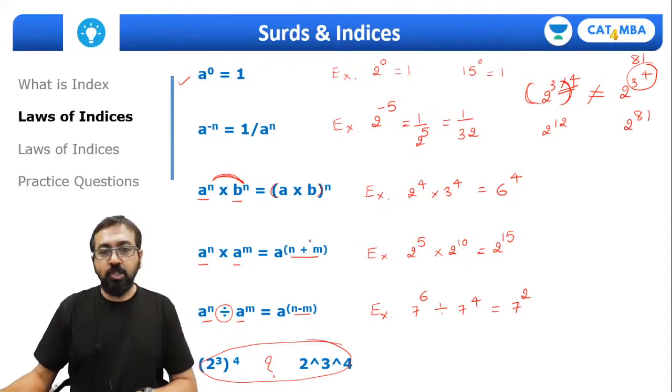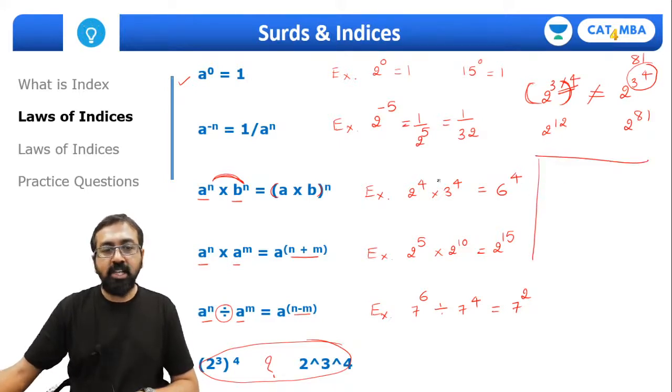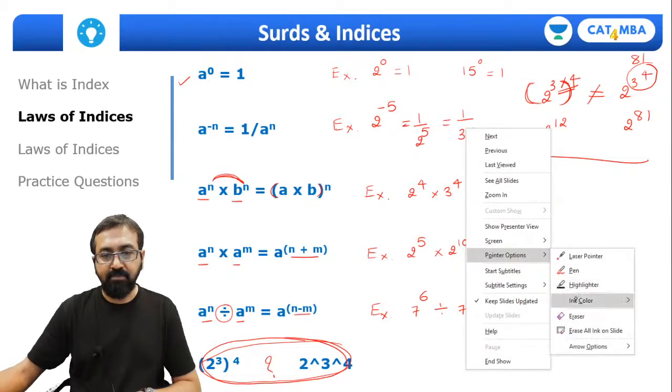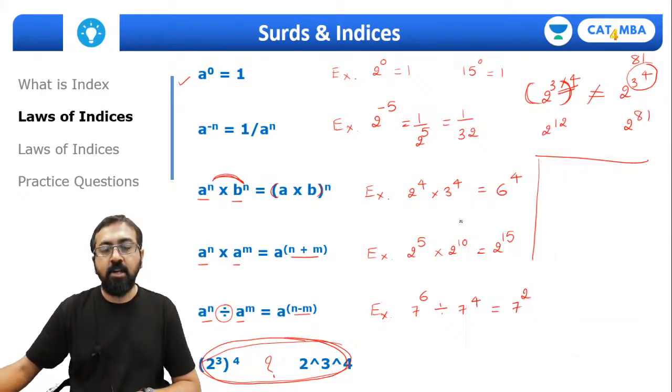Right, let me explain this once again. Let me take a different example. What the last rule says is, let me use a different color so that you can understand this quickly. If I take 3 raised to 2 raised to 3, and 3 raised to 2 whole raised to 3, what is the difference between these two?